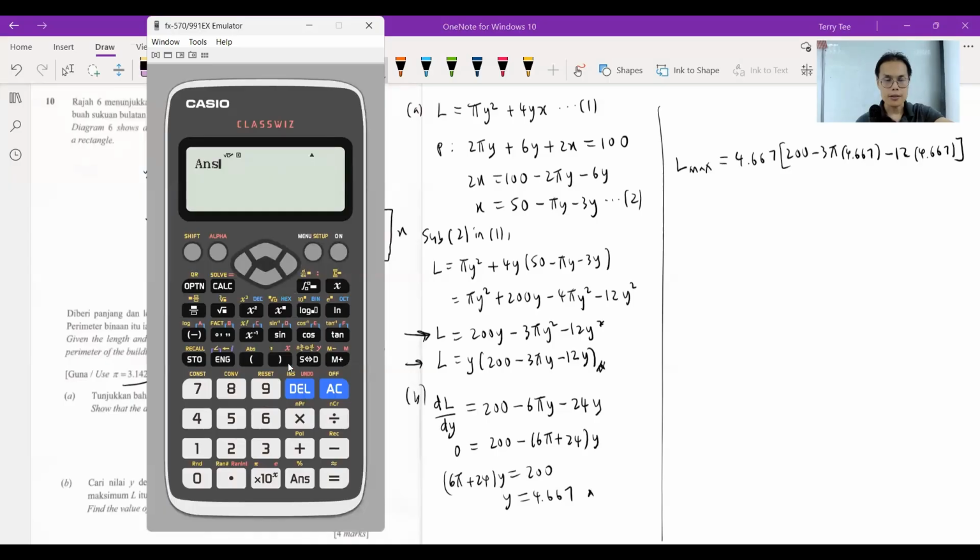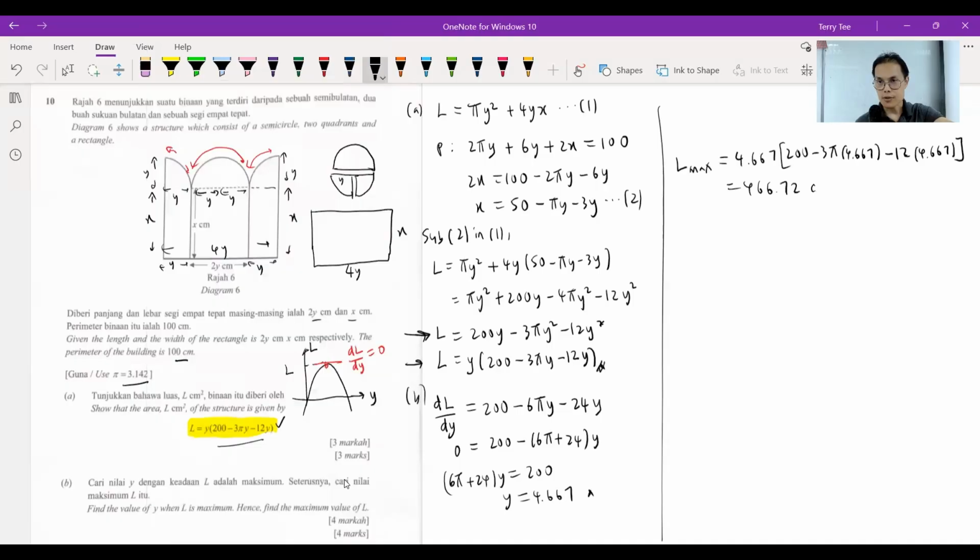You press answer, open bracket, 200 minus 3 times pi, 3.142, answer minus 12 answer, close bracket, equals 466.72. So that is your maximum area.